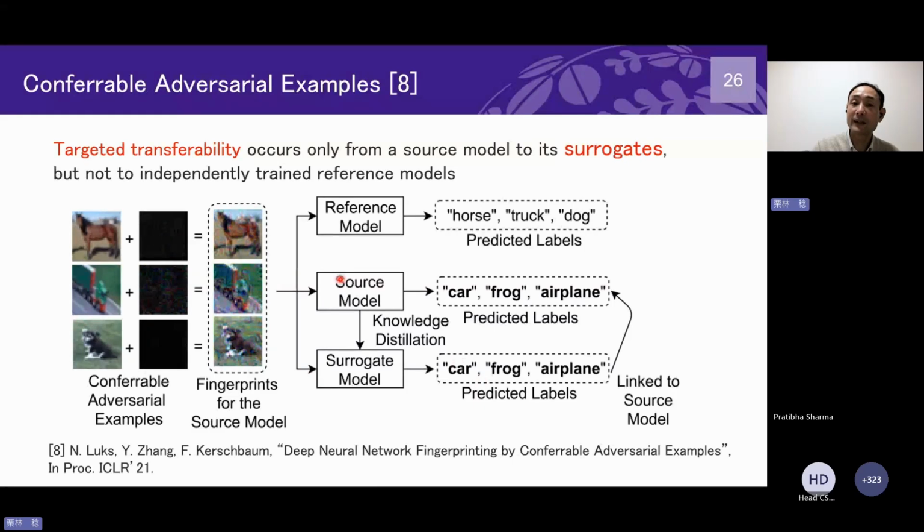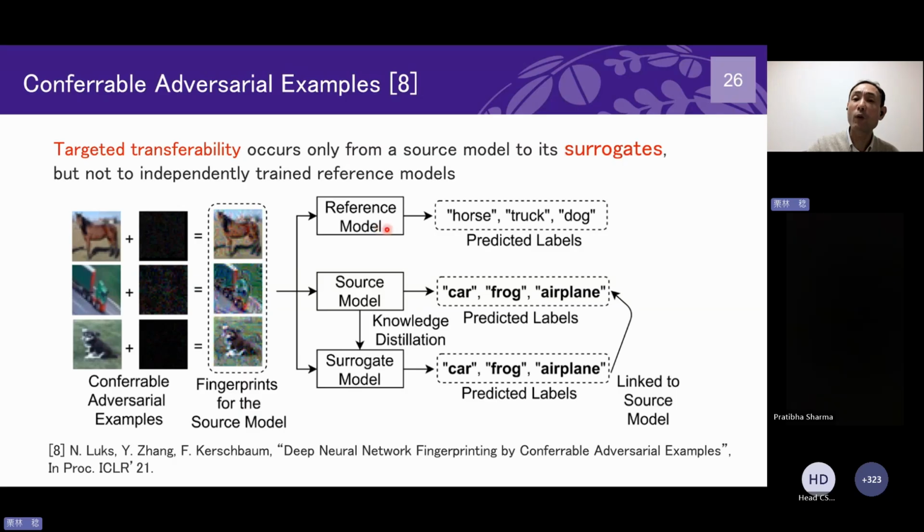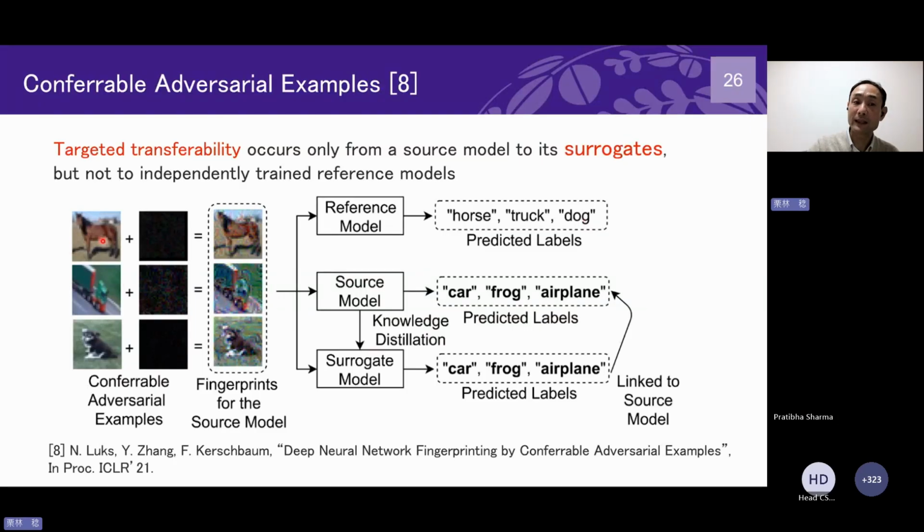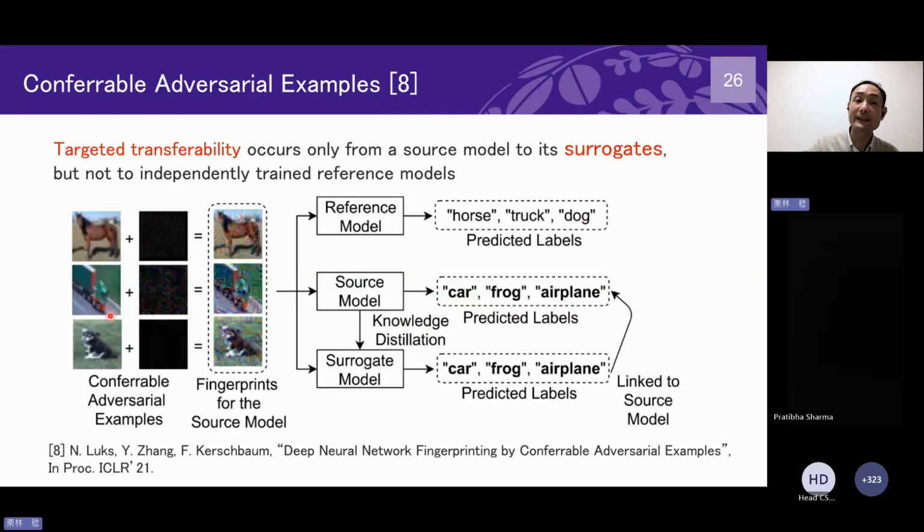On the other hand, the reference model is a completely different model. There is no relation to the original model. So in this case, the model outputs the correct labels: horse, truck, dog. The output is the same as the original task.